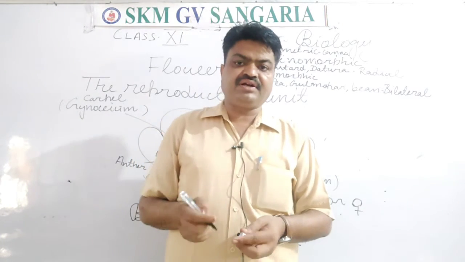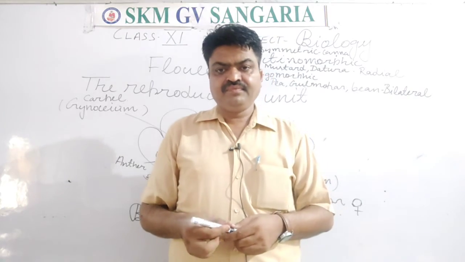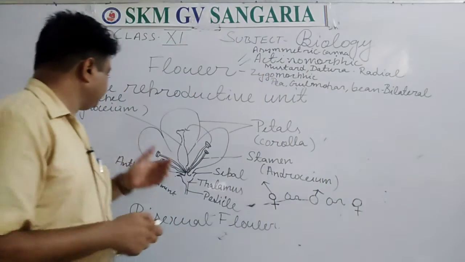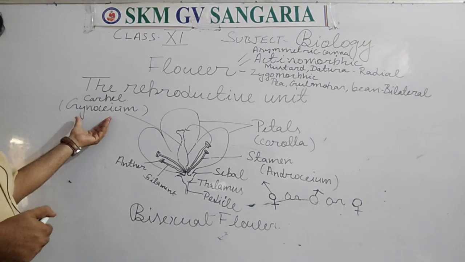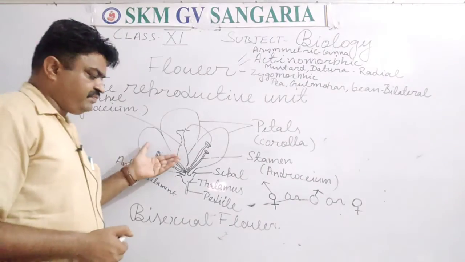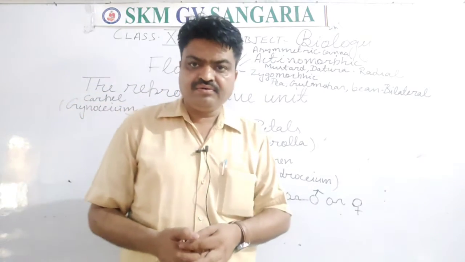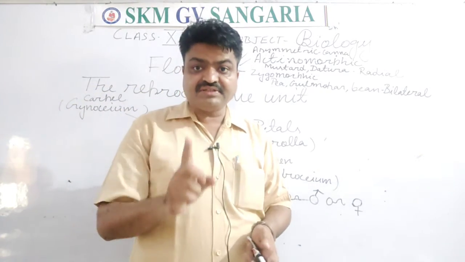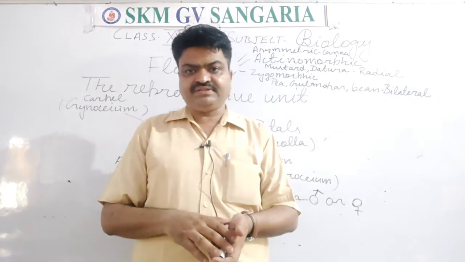What does it contain? It contains ovum. So that is about the gynoecium. And what is it, student? It is the female reproductive part of the flower, and it is the site of fertilization.